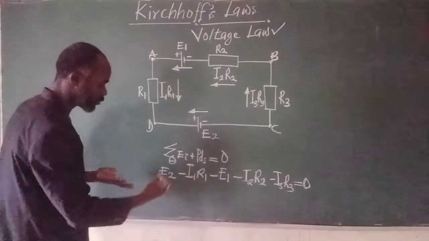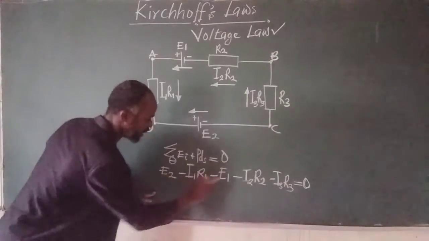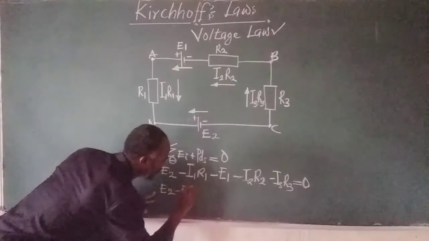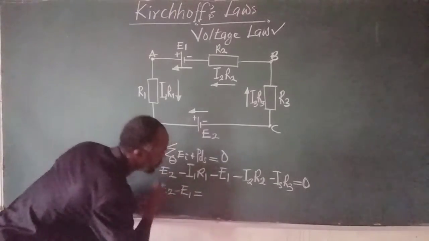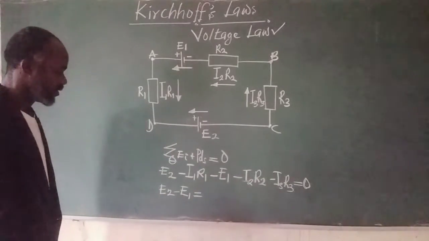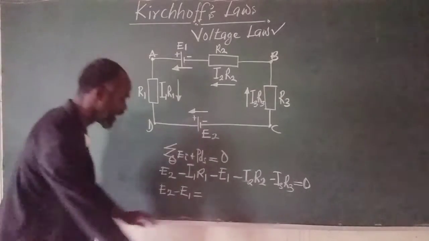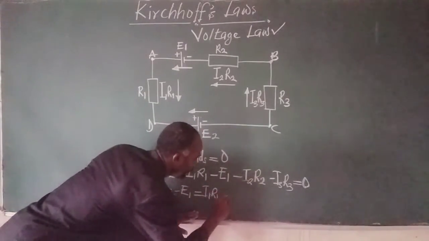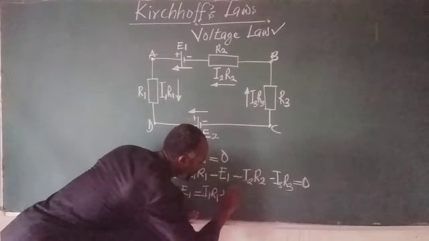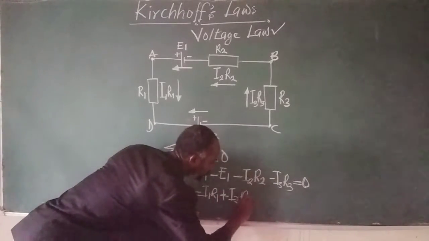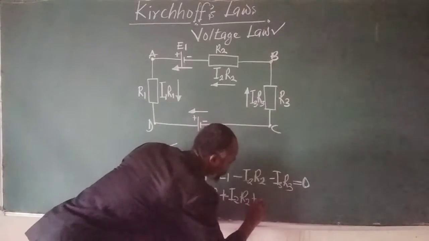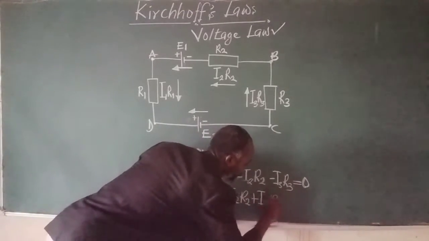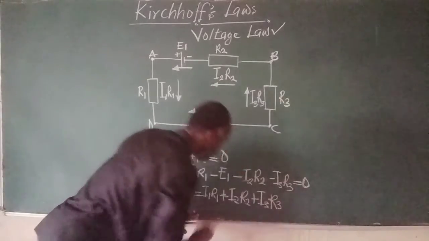We can rearrange this quickly. We pick E2 and E1: E2 minus E1 is equal to all that baggage. So what do we have? I1 R1 plus I2 R2 plus I3, current 3, and the resistance R3.